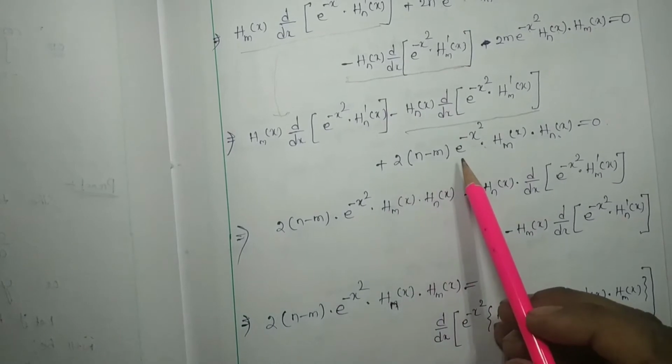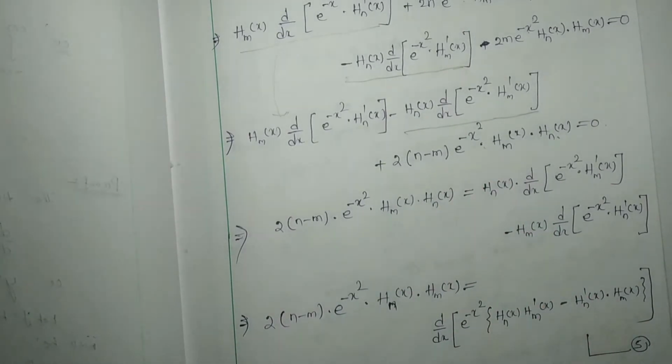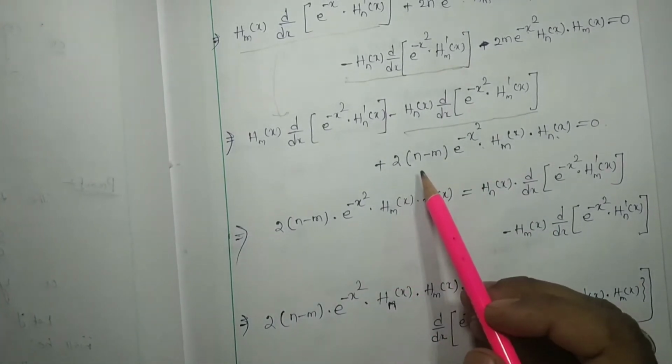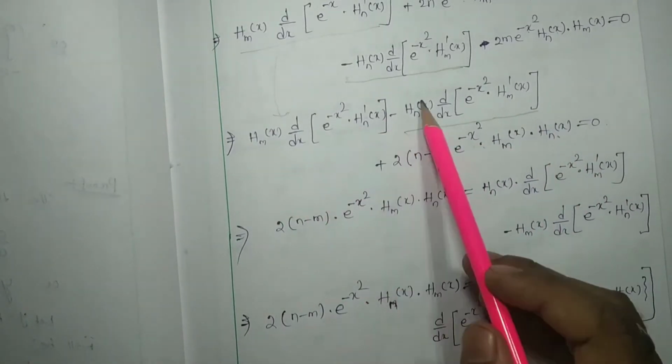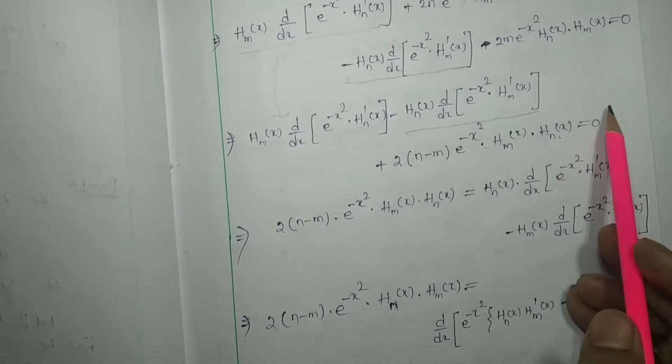That implies we keep this term on the LHS, and these two terms we take to the RHS, the right hand side of this equation.